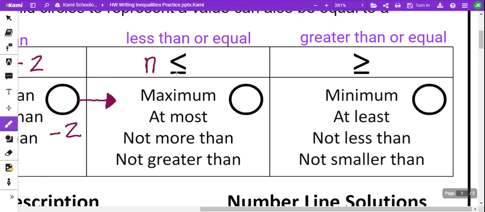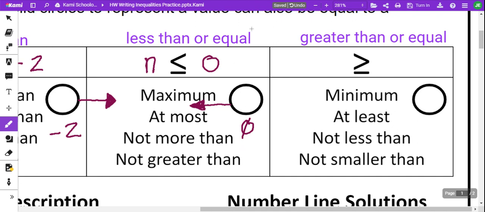So the number is less than or equal to, for example, 0. N is less than or equal to 0. So less than is still going to the left. 0 is on the number line.